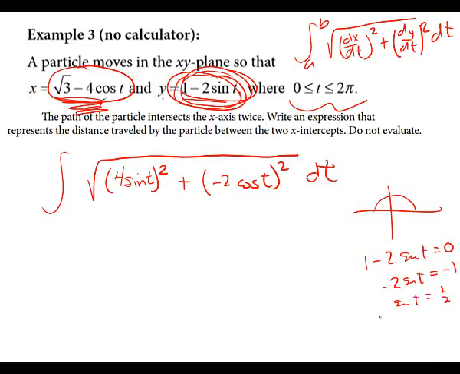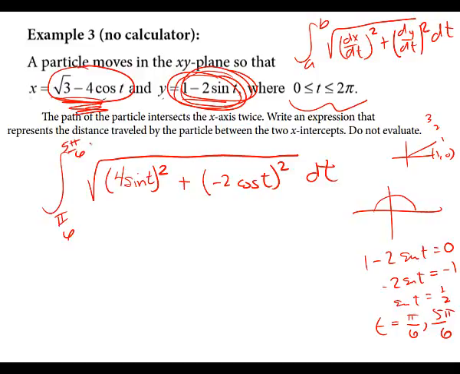So where are the values where the sine, the y value on your unit circle, is equal to 1/2? Which two places? There's one of them right there, right? Yeah, pi over 6, and 5 pi over 6. And then those are going to become your limits.